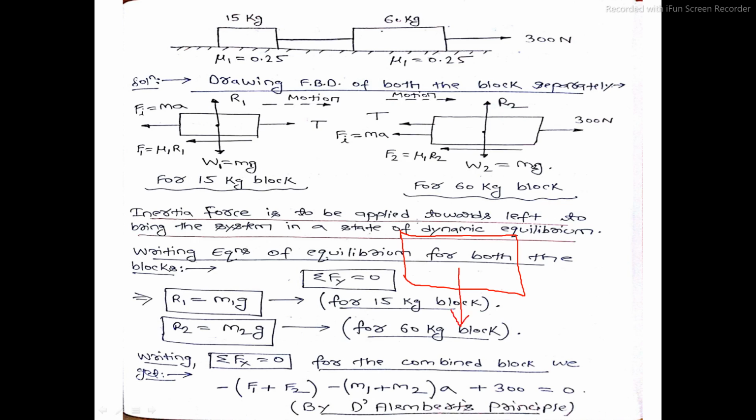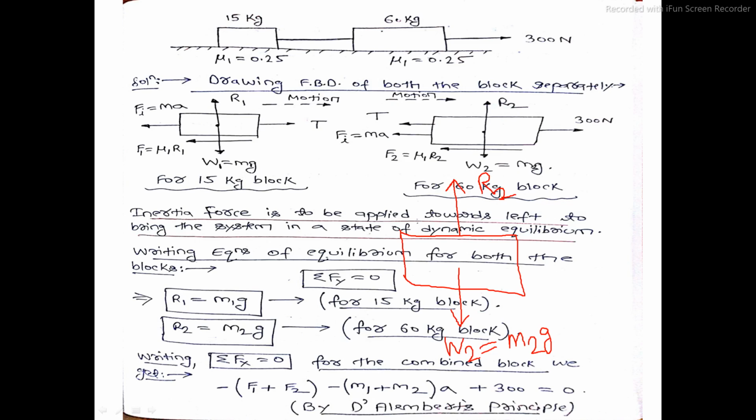Let that weight be W2, and its value is M2 into G. What is M2? M2 is 60 kg, given in the problem. The block is in contact with the horizontal surface, so the horizontal surface will give a reaction force to this 60 kg block. Let that reaction force be R2.